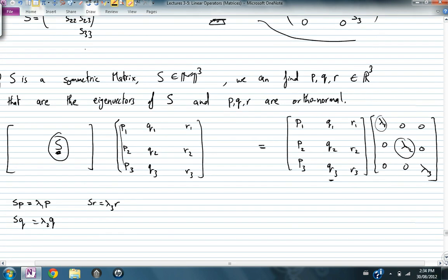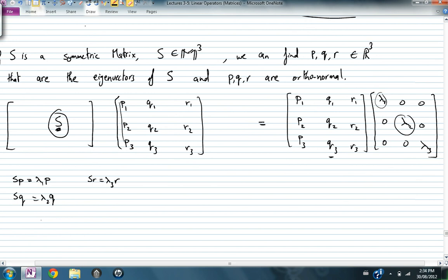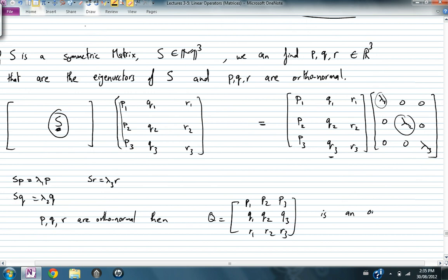Now since P, Q, and R are orthonormal, then Q, that's made out of P1, P2, P3, Q1, Q2, Q3, R1, R2, R3, is an orthogonal matrix, as we studied in the previous part.